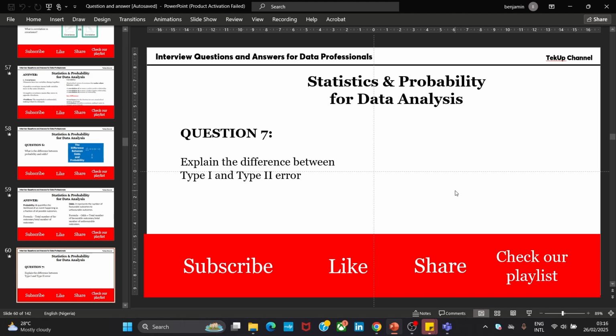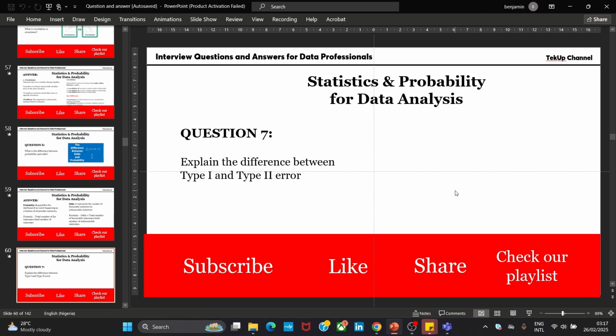In type 1 error, we conclude that there is an effect when there is no effect, and this error is represented by alpha. In type 1 error, we reject a null hypothesis when we are supposed to accept it.